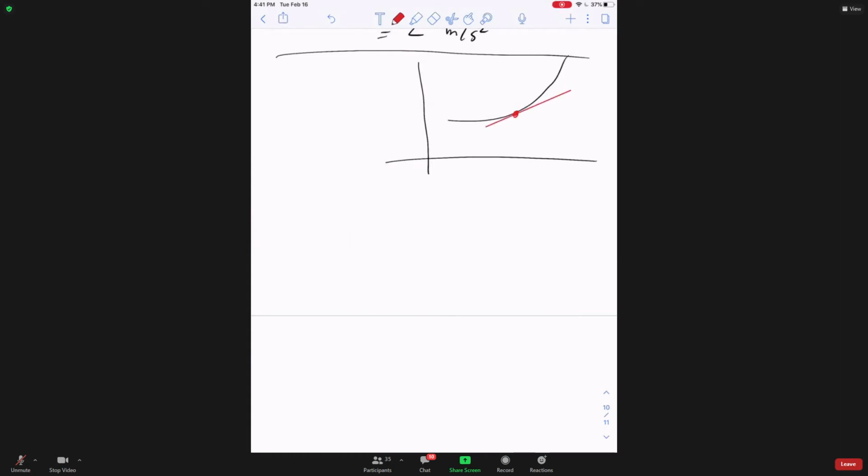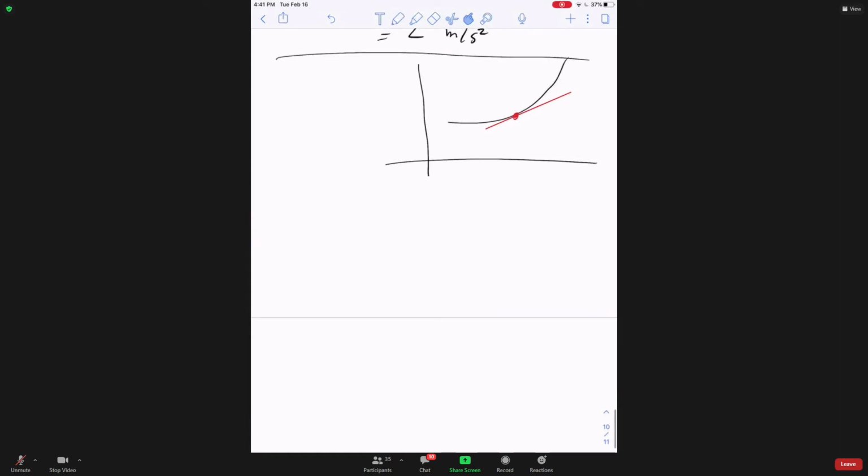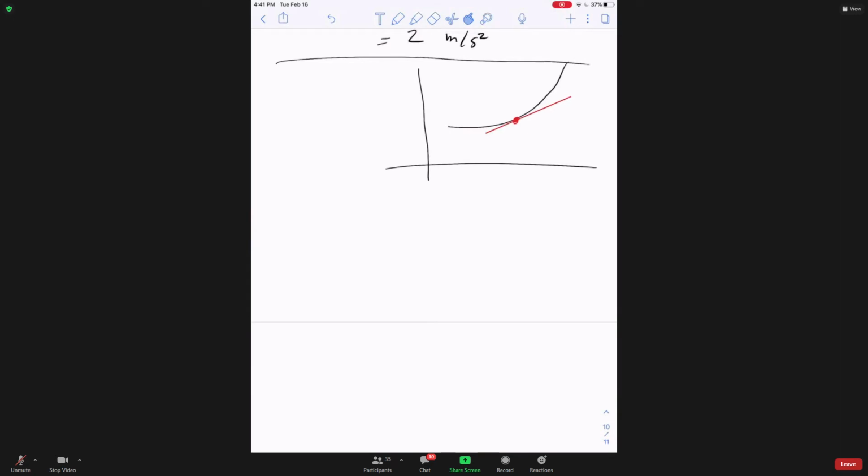So that would be the tangent line, where it just touches the curve at that point. Now I'm going to show you another line. And this blue line, where it crosses the tangent line at a 90-degree angle, that's called the normal line. For short, sometimes we call it the norm.